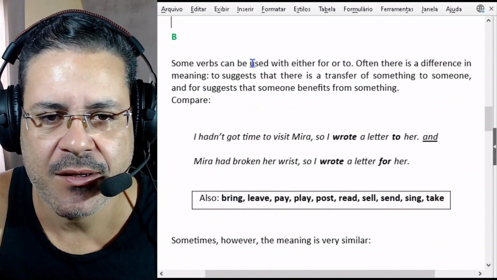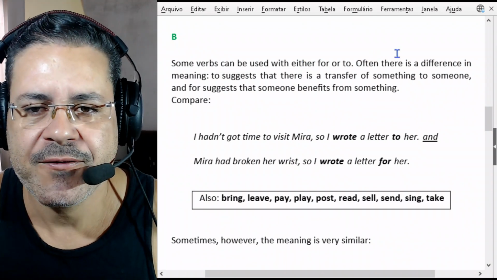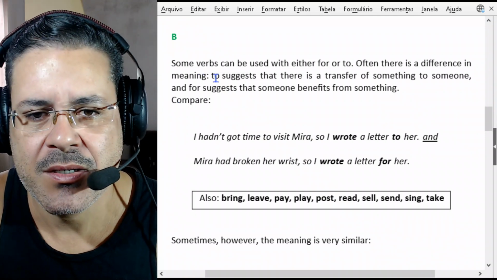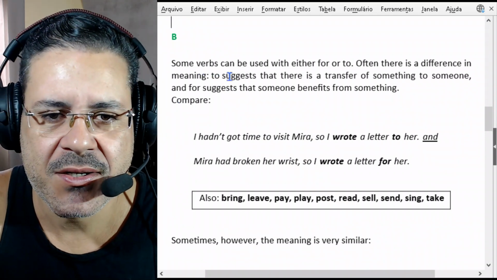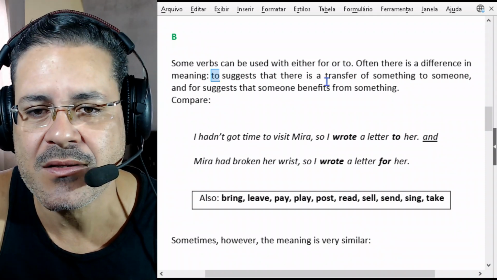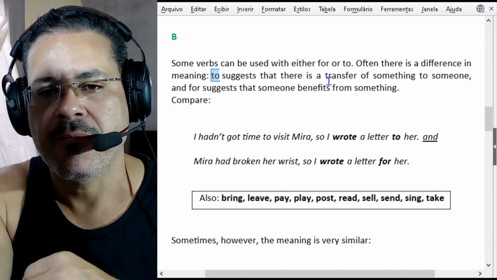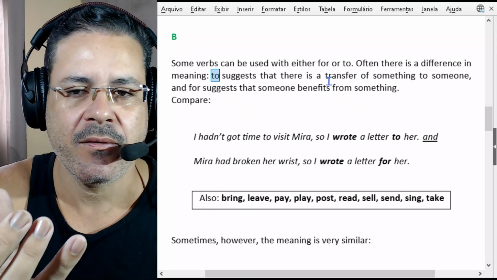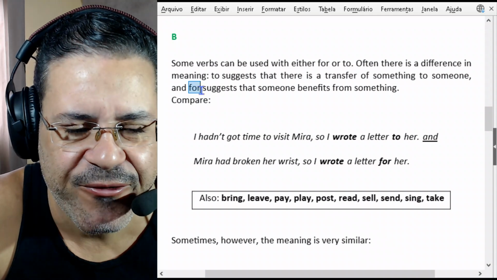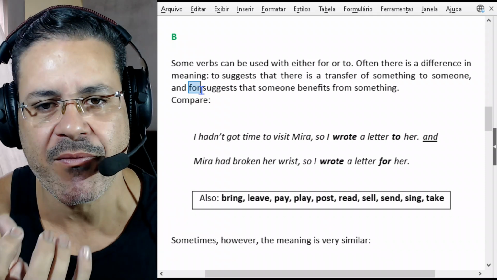Some verbs can be used with either for or to. Often there's a difference in meaning. To suggests that there's a transfer of something to someone, and for suggests that someone benefits from something.